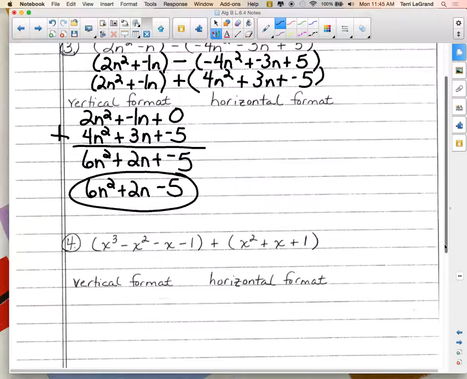And cleaning it up? Okay, when we do it horizontally, this might be the one time that you say, you know what, when they aren't both the same type of polynomial, maybe I like horizontal format better. Because then when you do horizontal format, first of all, we can just write them down, ditching the parentheses.